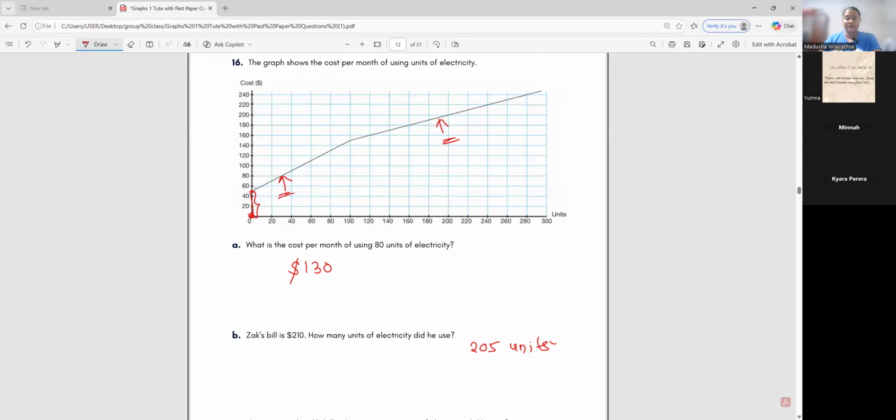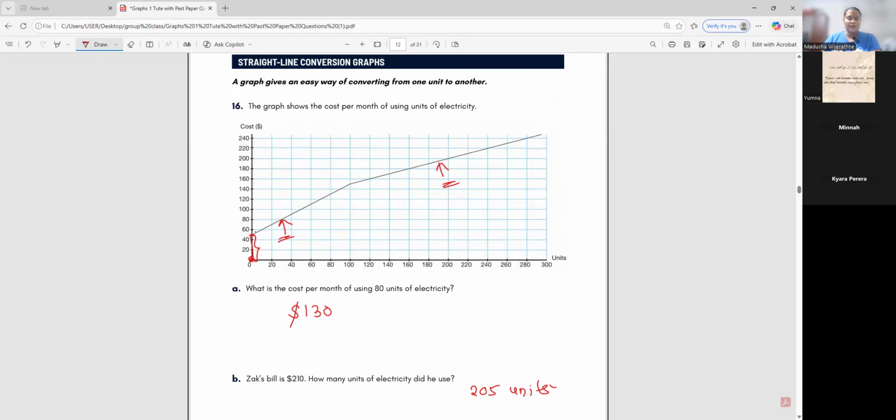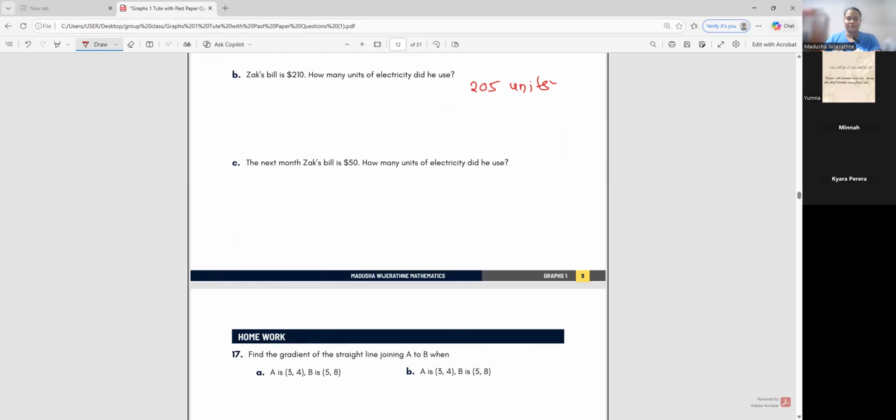There is a service charge. He has used only 0 units. Charge is 50. There is a service charge. Whether we use the electricity or not, we should pay this 50. 0 units. Haven't used.